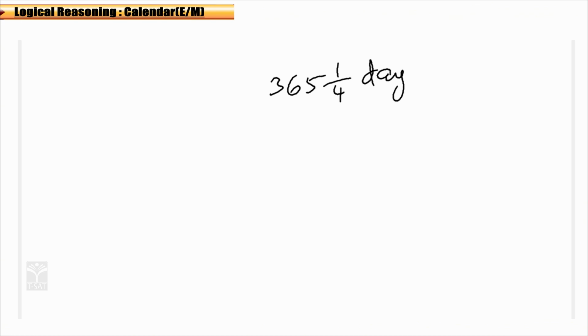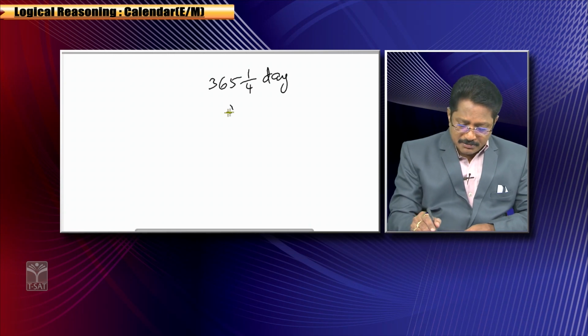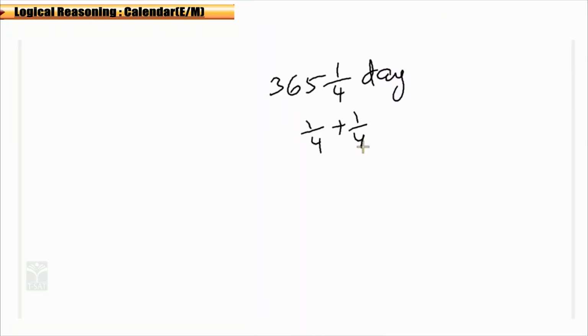For every 4 years, this 1/4 is accumulated, means 1/4 plus 1/4 plus 1/4 plus 1/4, which is simply 1, correct? Means for every 4 years, these 365 days will become 366 days. That's the reason behind a leap year having 366 days.